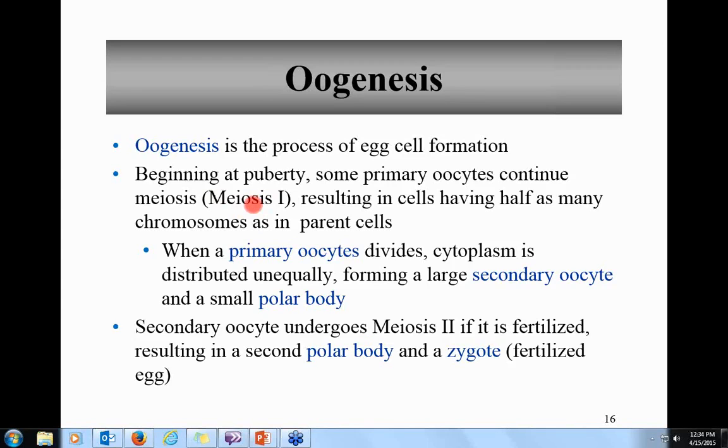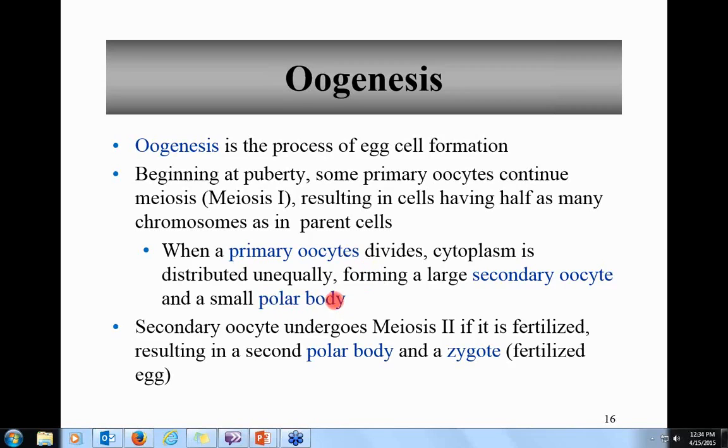Here, division stops. And in addition to the division, it does produce one secondary oocyte. This will divide again and become the egg. However, there's a smaller polar body.